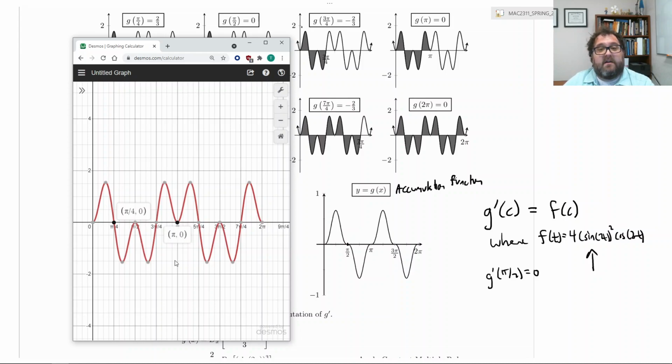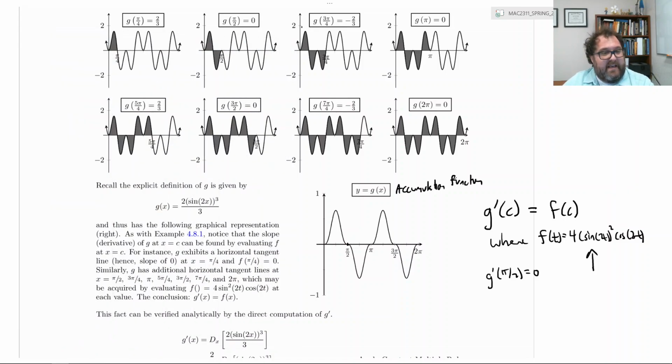Notice that pi is an x-intercept on the original function, on the integrand. So that is the interesting link here, that the slope on the accumulation function is given by the y value on the original function. That's kind of a cool thing.